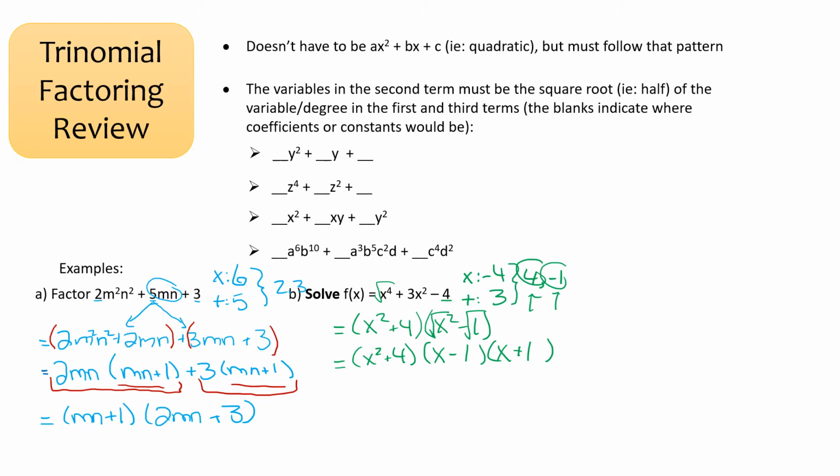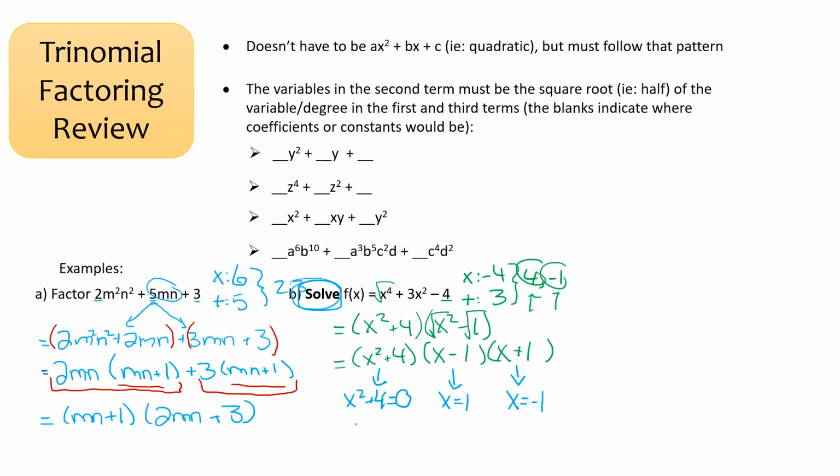I'm going to start from the far end here. When I solve, this bracket gives me x equals -1. This bracket gives me x equals 1. And what about the first bracket? Let's take a look here. What I'm looking for is when x squared plus 4 would equal 0. That's the solution that I'm looking for.